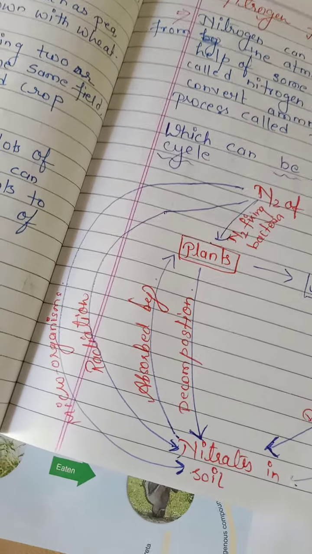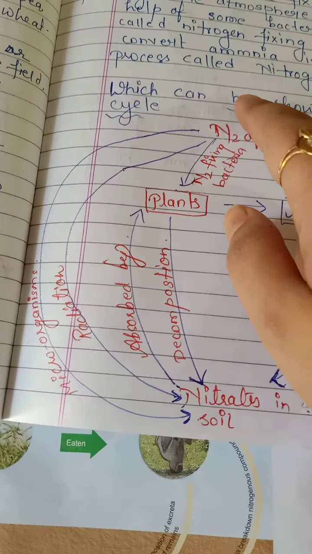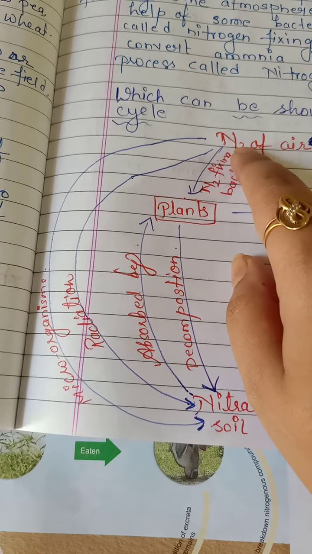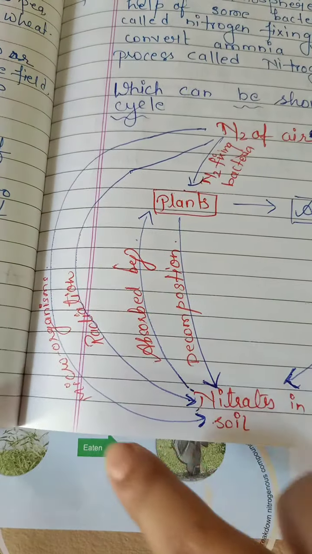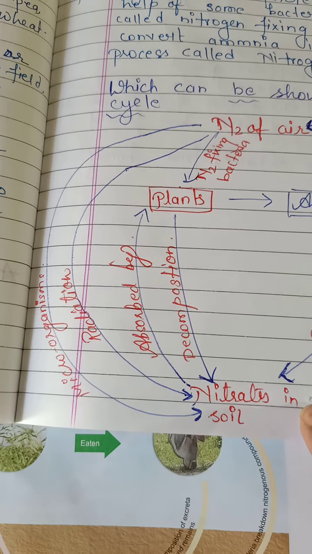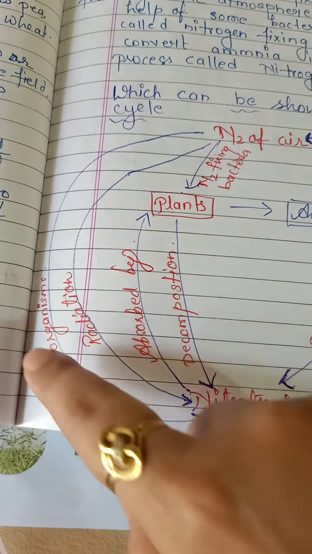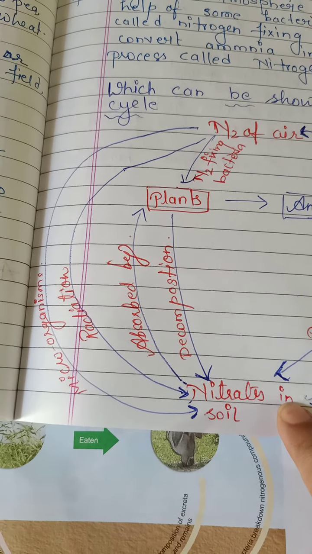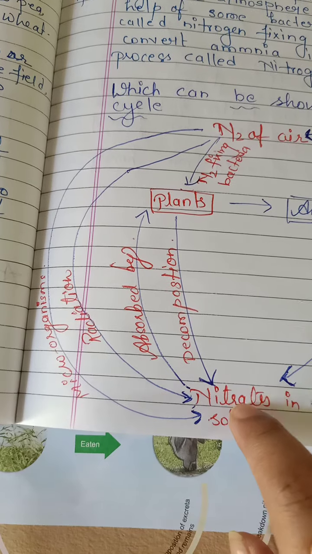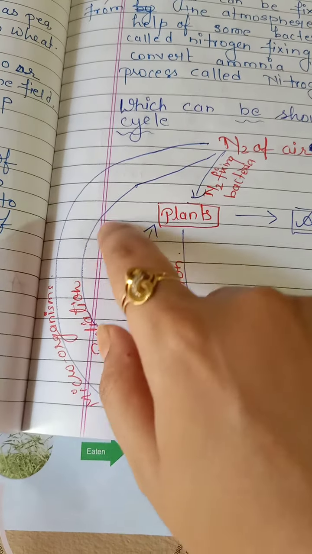Microorganisms also take nitrogen from the atmosphere and decompose it into the soil. Also, radiations such as ultraviolet radiation take nitrogen into the soil. Now this nitrogen is absorbed by the plants.